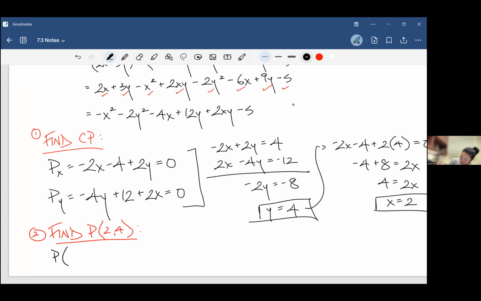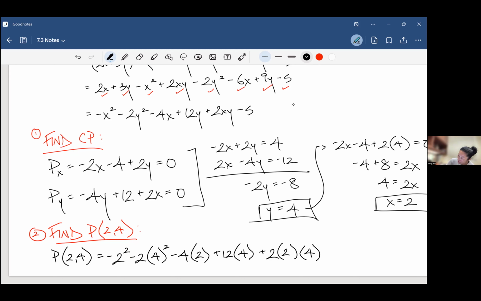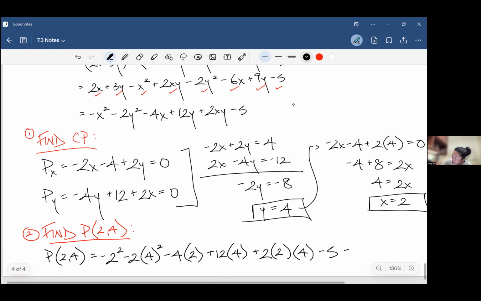So P of 2 comma 4 means I have negative 2 squared minus 2 times 4 squared minus 4 times 2 plus 12 times 4 plus 2 times 2 times 4 minus 5. Whew, that's a lot. If you're going to type this into your calculator, just double check it, make sure you're plugging in everything correctly, but you should end up with 15.